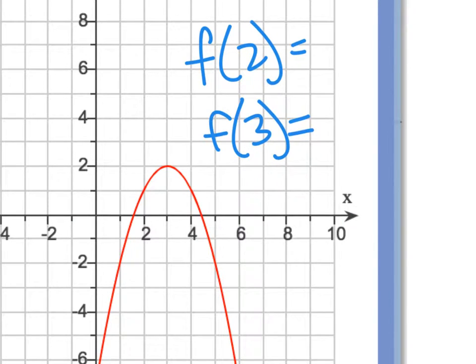It's right here, and the y value appears to be 1. For f of 3, we look for 3 on the x-axis. It's right here, and we go up, and the y value appears to be 2. That is what you're going to type into MyMathLab.